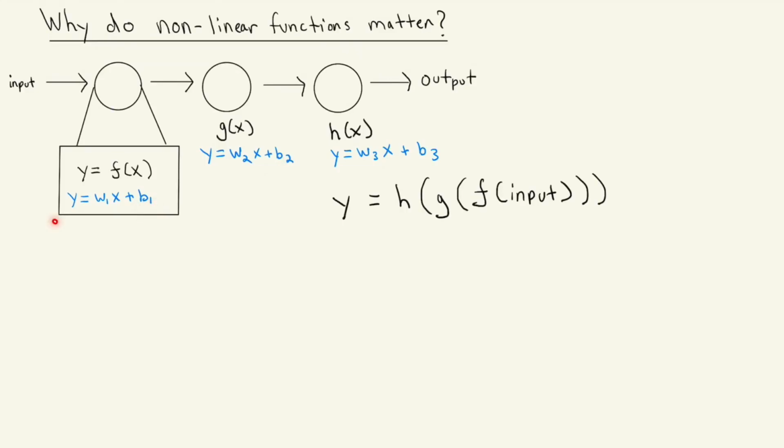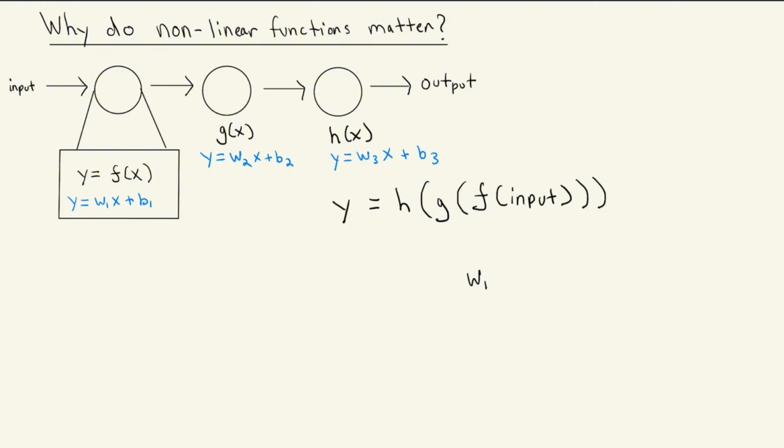But if a neural network only has linear functions inside of it, like these three, and we repeat what we did here and write out mathematically what the neural network is doing, it's going to look something like this now. W1 times the input plus B1, and this entire value is put into the second neuron, which then is going to be W2 times this value plus B2.